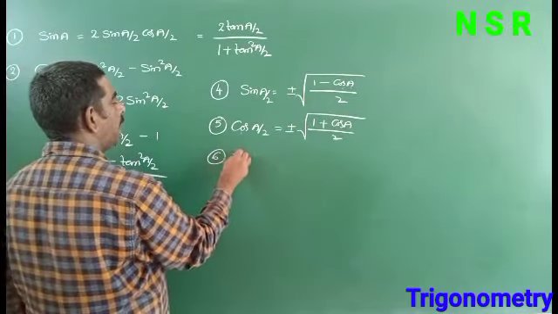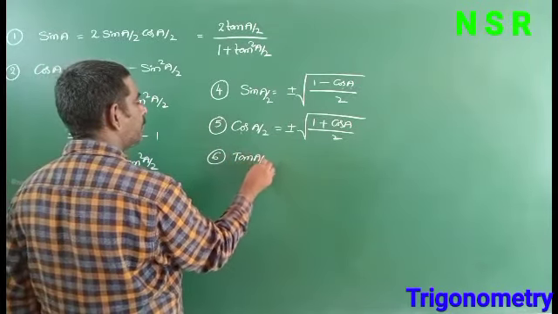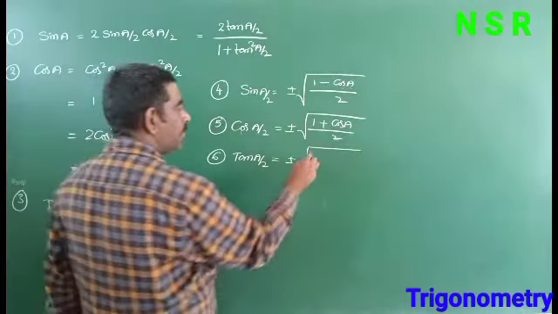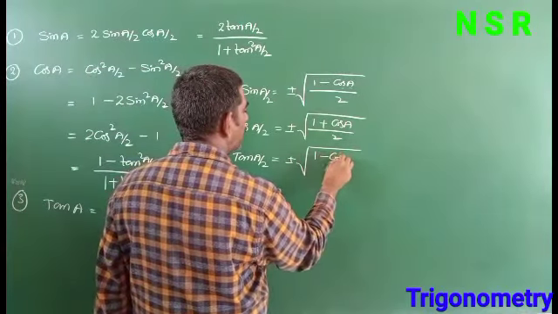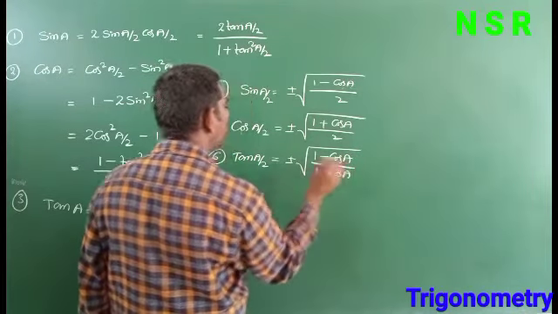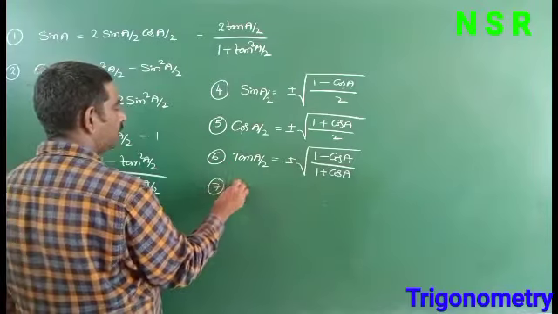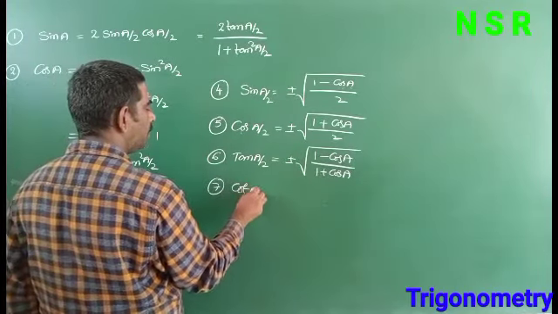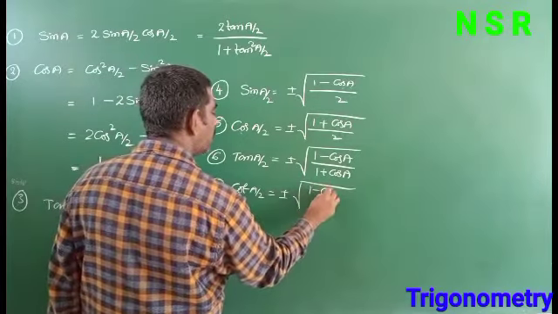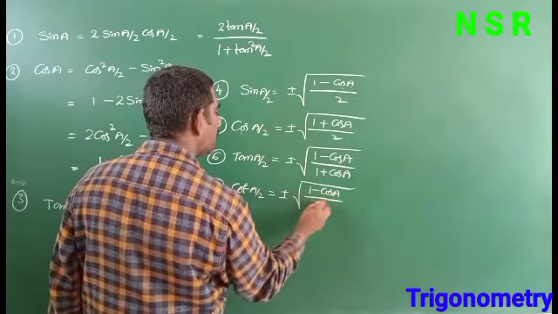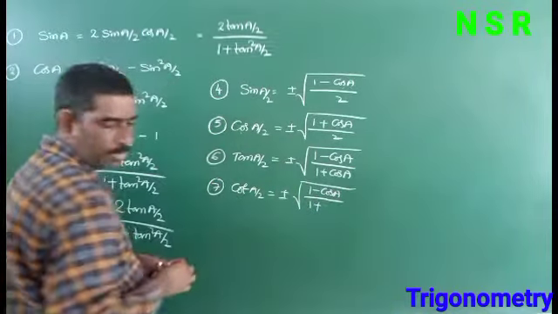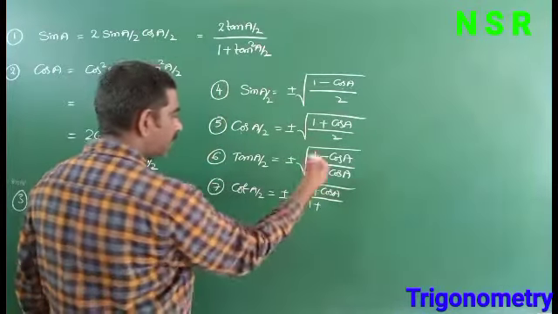Next, tan A/2 is plus or minus square root of sin by cos, so we can write (1 minus cos A) by (1 plus cos A). Next, cot A/2 is plus or minus square root of (1 plus cos A) by (1 minus cos A), the reverse of tan.